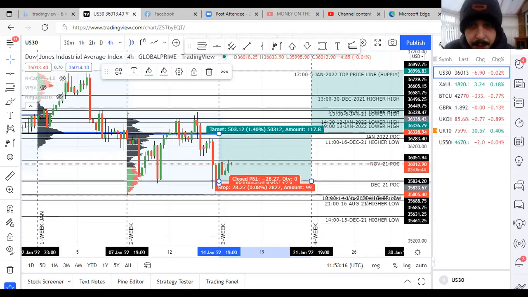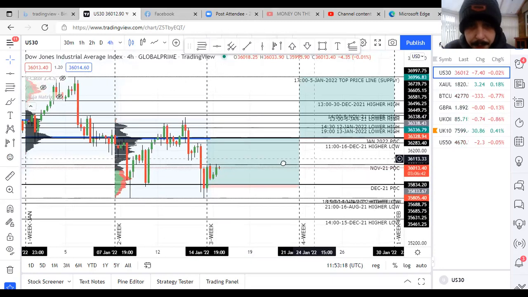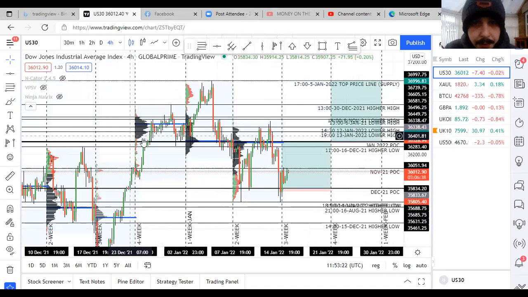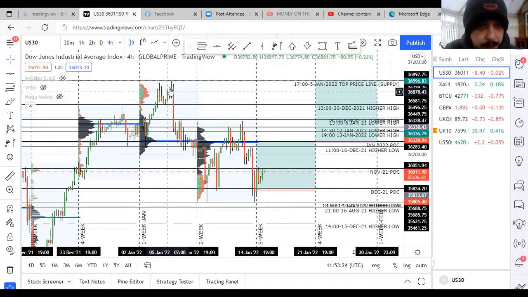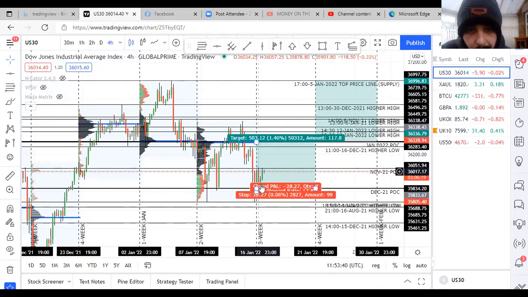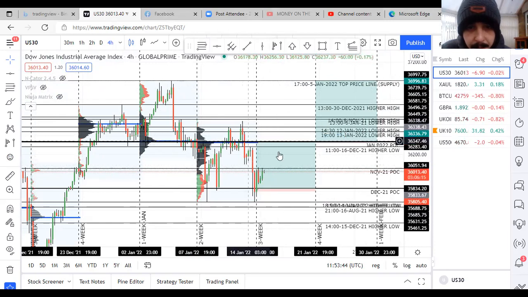I have 2 weeks marked up at the moment, just to see over the next 2 weeks. We created a top price line on the 5th of January at 3 o'clock. Well, between 3 and, a 4 hour, so between 3 and 7. So you could possibly lock in profits as it came up.